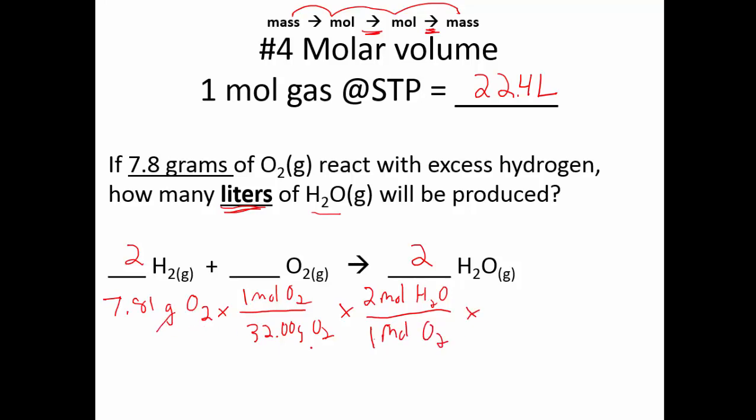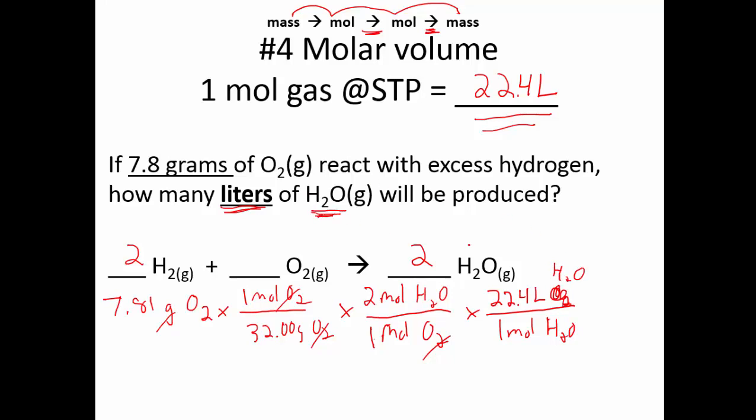Once we're in moles of oxygen, our moles of water, now we're going to use our 22.4 liters to get into our volume, our molar volume. 22.4 liters of any gas, O2 in this case, is the same as 1 mole of O2.